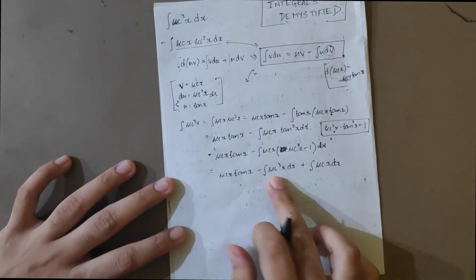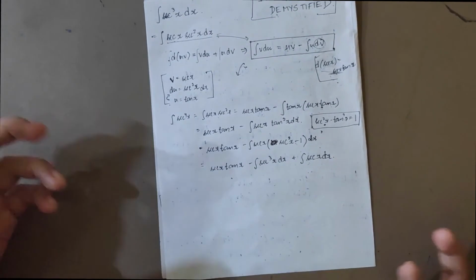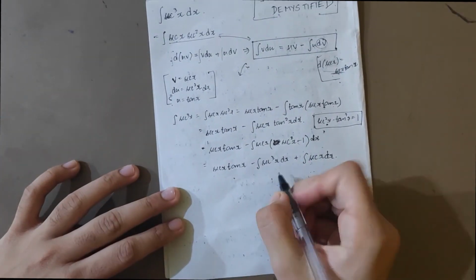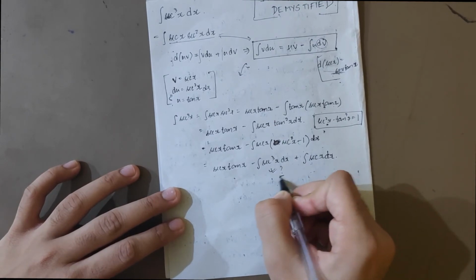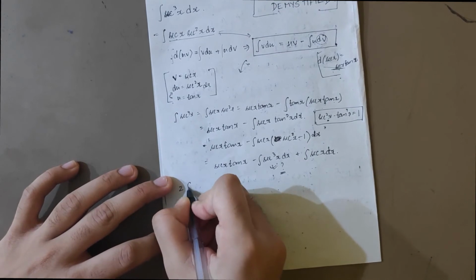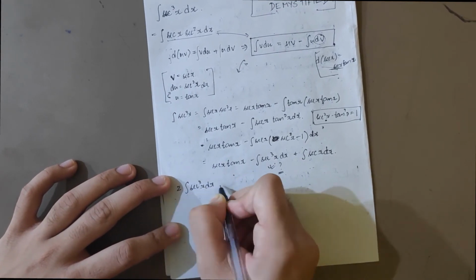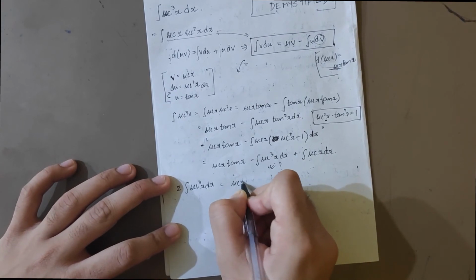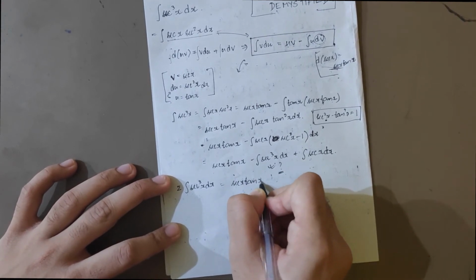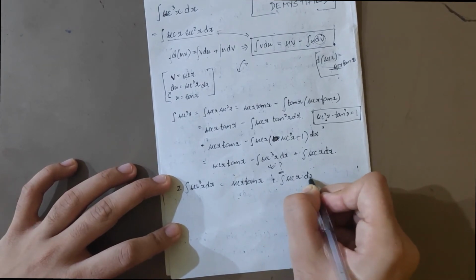Wow, okay. So you have secant cubed x both on your LHS and your RHS. We are trying to find this. This is the unknown, right? We don't know this. Just move this to the left, and you have 2 times integral secant cubed x dx equals secant x tan x plus integral secant x dx.